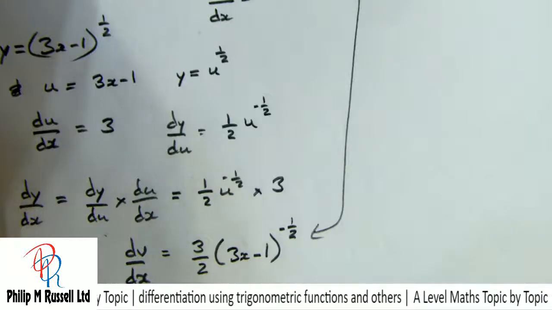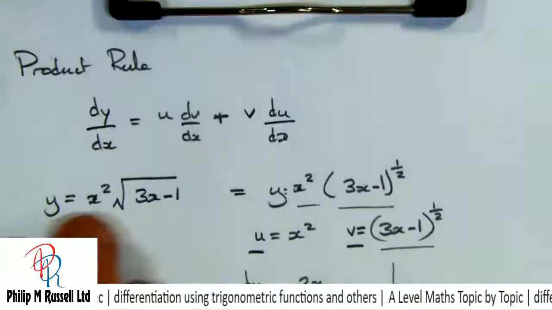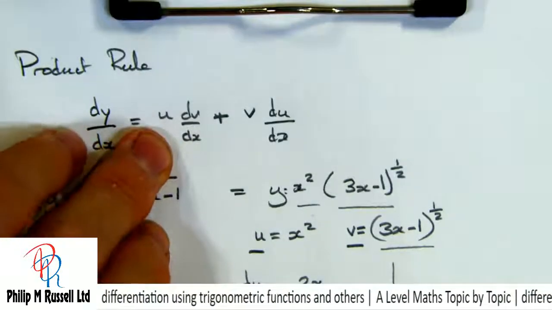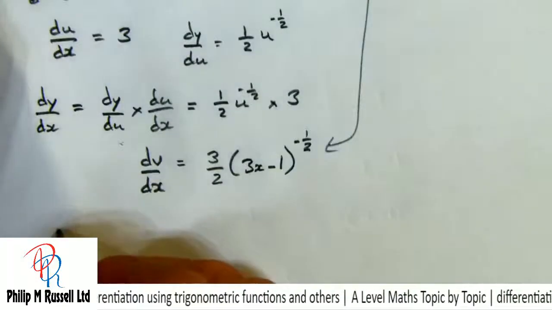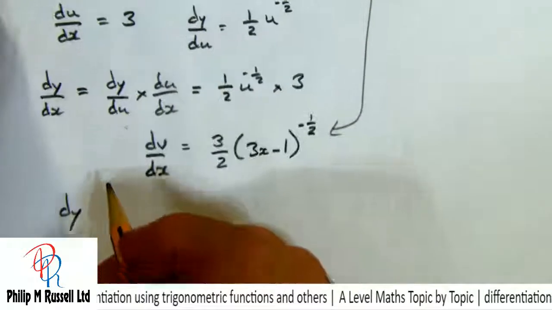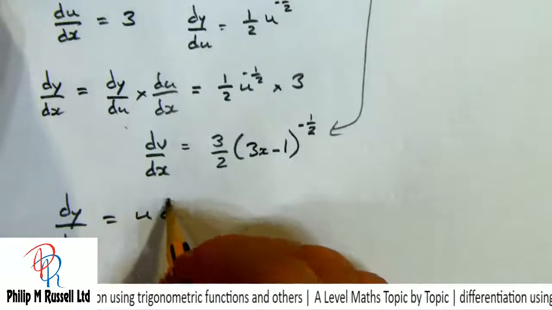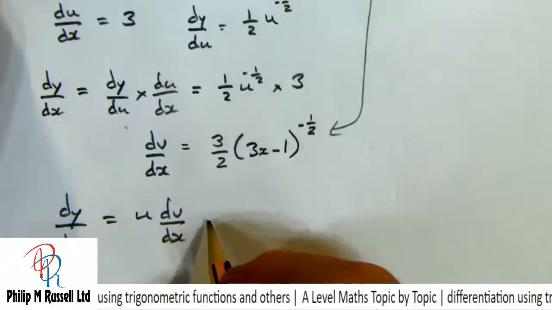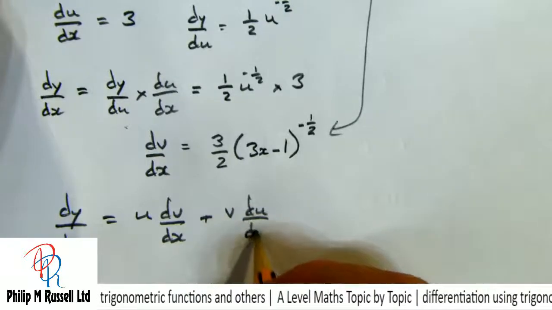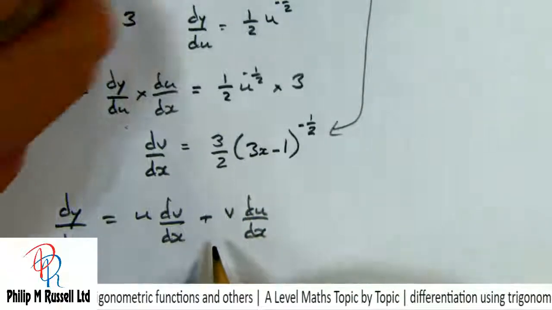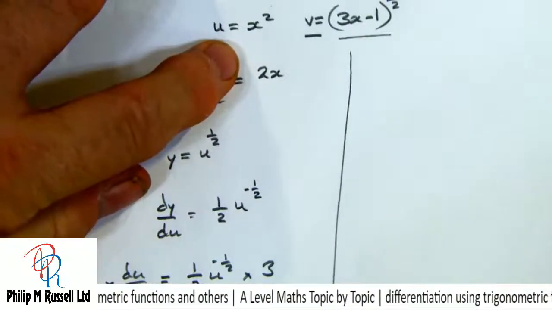So now I can try and write out my product rule, and I've almost forgotten what that was. So let's have a look at this product rule. My product rule is going to be dy by dx is going to be u dv by dx plus v du by dx. Let's take each of those in turn. My u is going to be x squared.